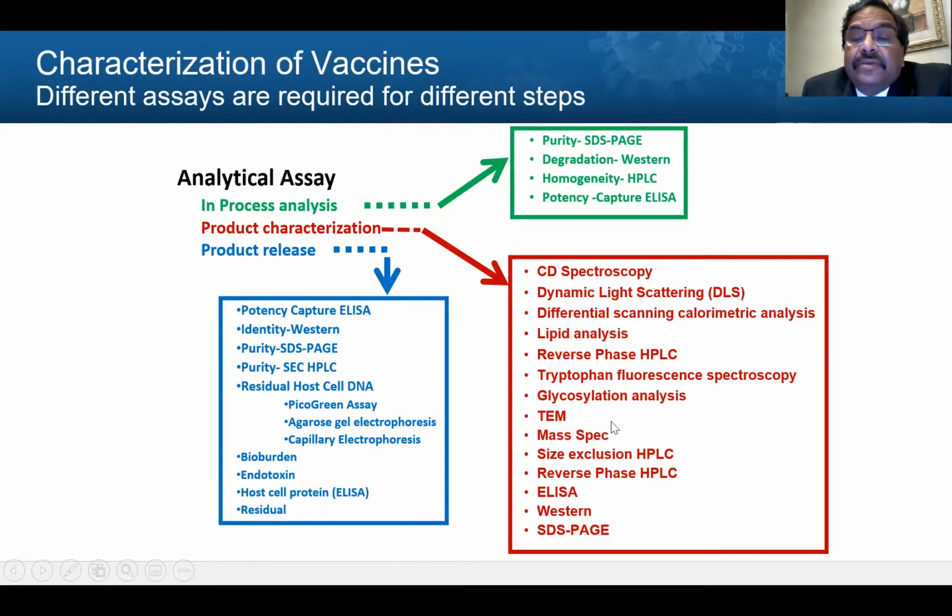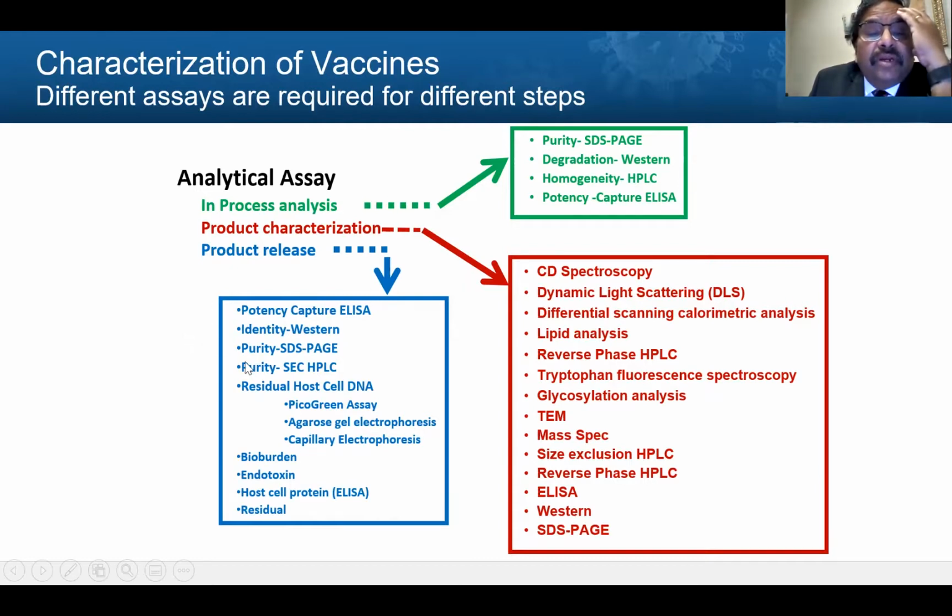And then we start using biophysical methods for characterization of the vaccine, such as CD spectroscopy, light scattering, differential scanning calorimetry, reverse phase, tryptophan fluorescence, glycosylation, and transmission electron microscopy. Again, not all these assays need to be performed, but we need to decide early on in the project which assays are critical and what needs to be performed.